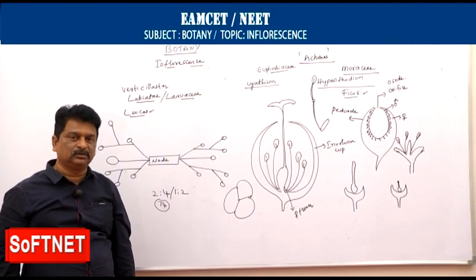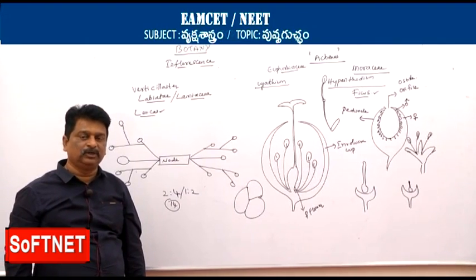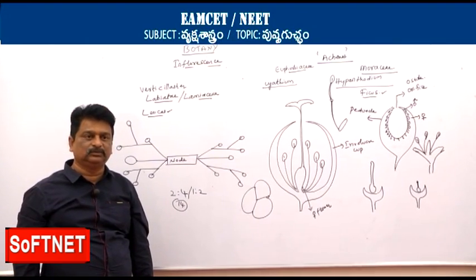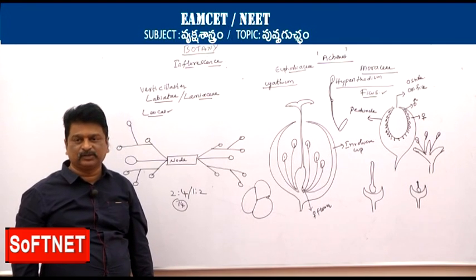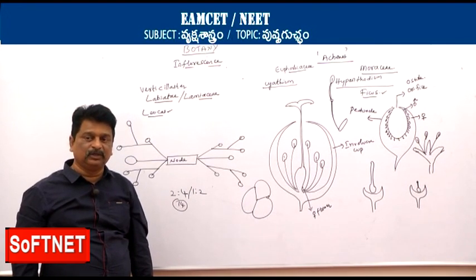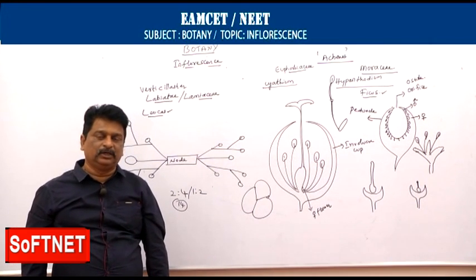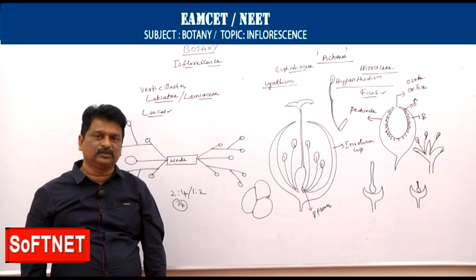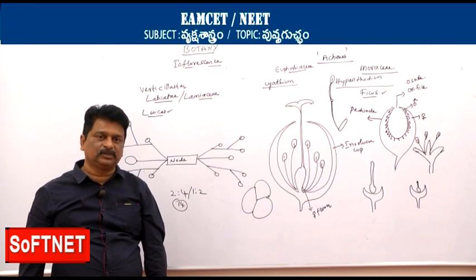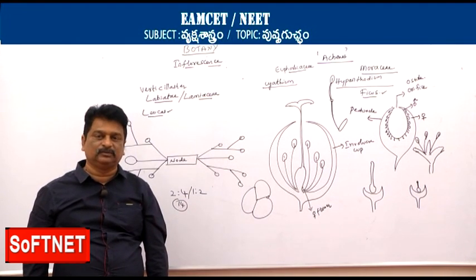An involucre of bracts is present in simple umbel, compound umbel and cyathium. But simple umbel and compound umbel come under the racemose type, and cyathium comes under special inflorescence. If the question is racemose inflorescence with an involucre of bracts, it is simple umbel, compound umbel, even head inflorescence.